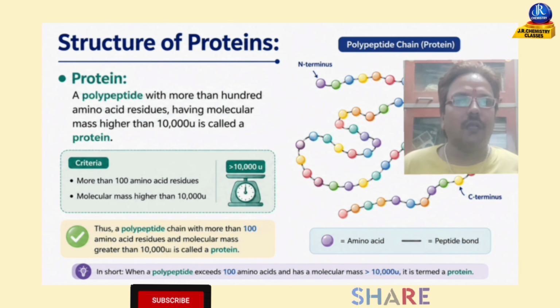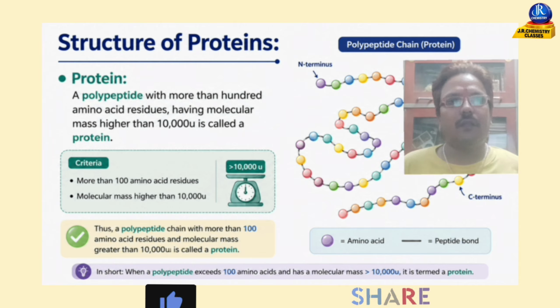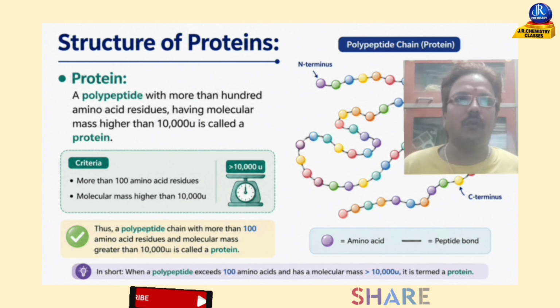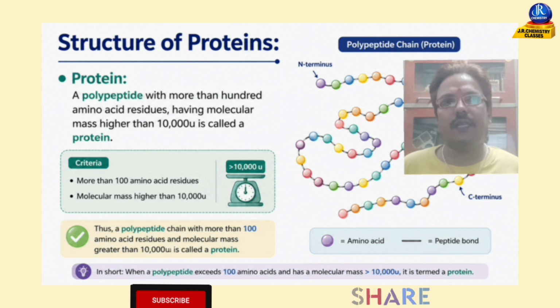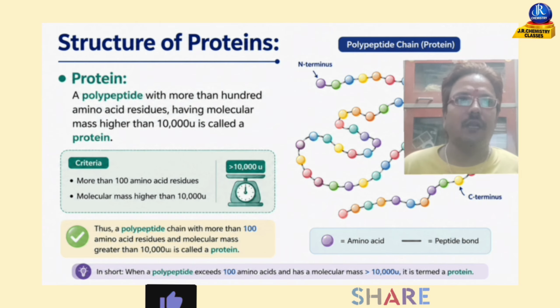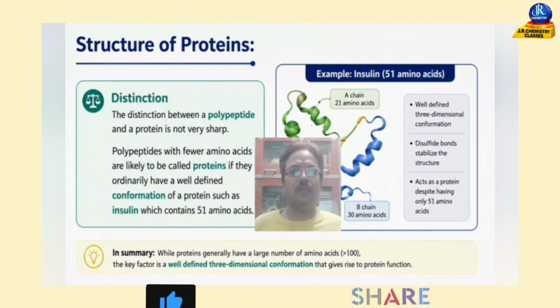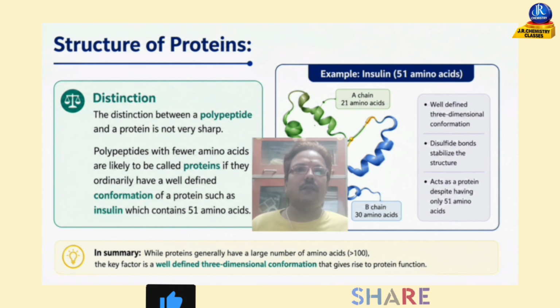Protein. A polypeptide with more than 100 amino acid residues having molecular mass higher than 10,000 units is called a protein. The distinction between a polypeptide and a protein is not very sharp.